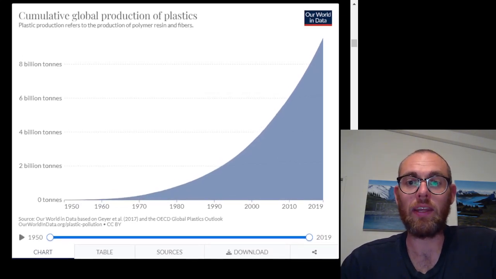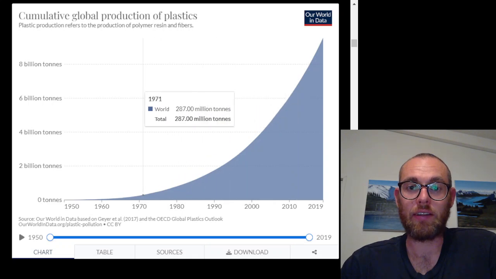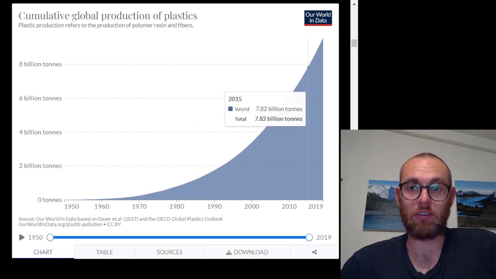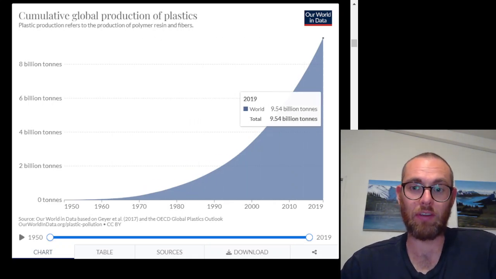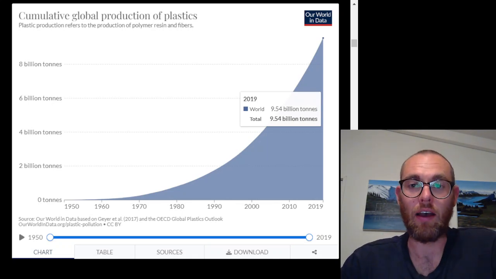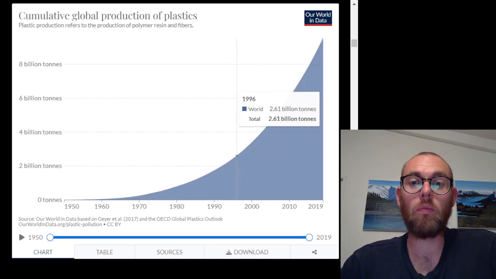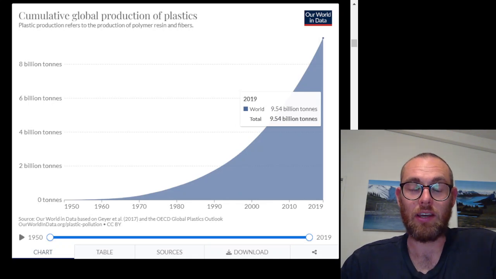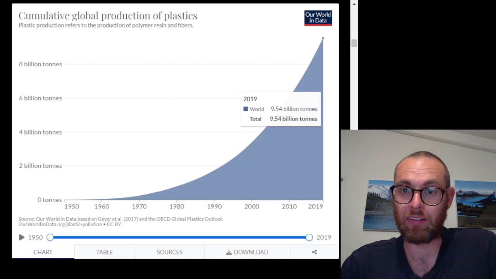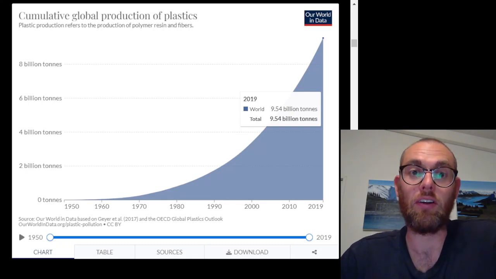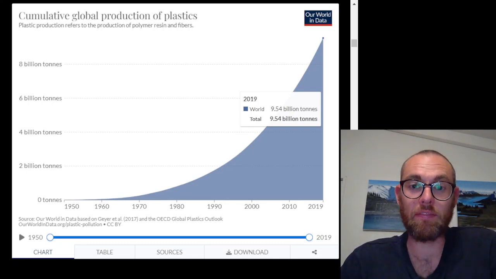So we look at another exponential curve, of course, because every year we produce more. But that's all plastic we produce, and that is over 9 billion tons. So it's 9.5 billion tons that we have produced.